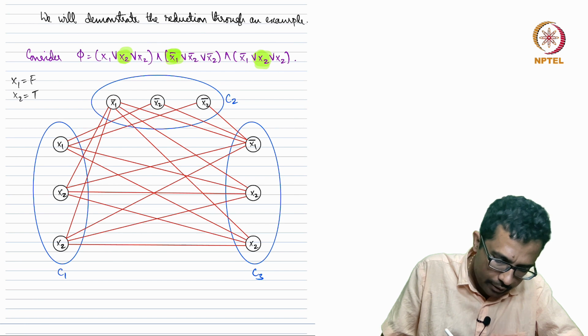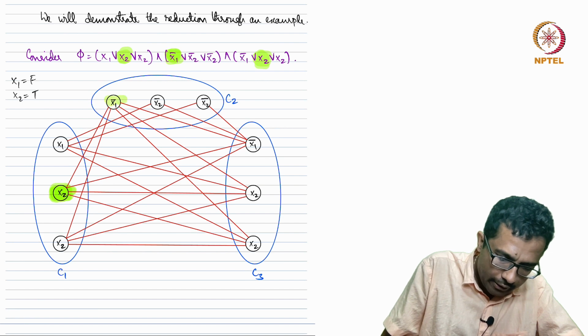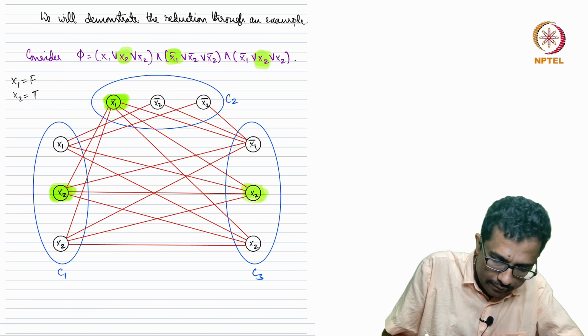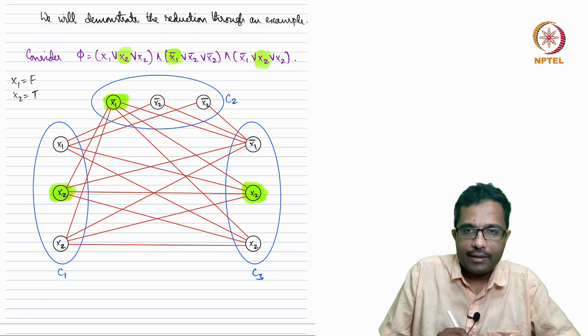So here we choose x2 from the first clause, x1 complement from the second clause, and x2 from the third clause. So these are the true literals, and the claim is that these three will be adjacent.